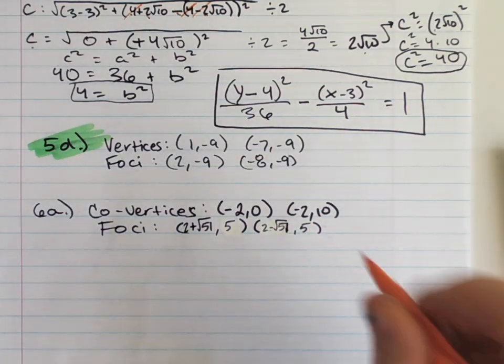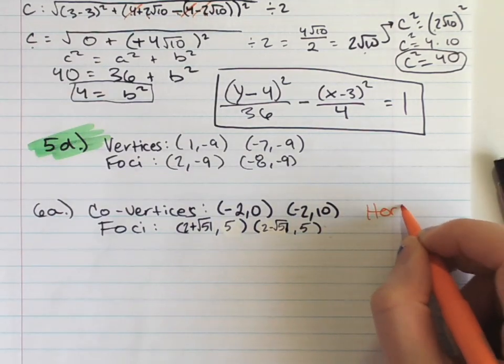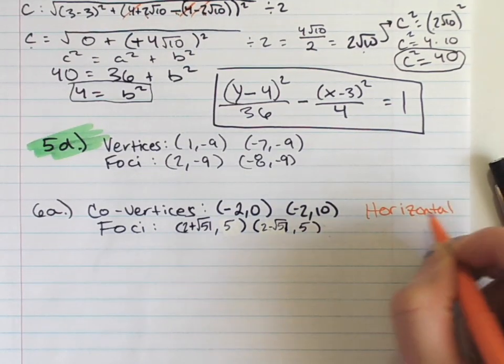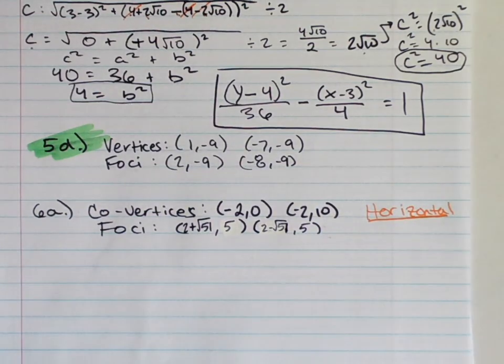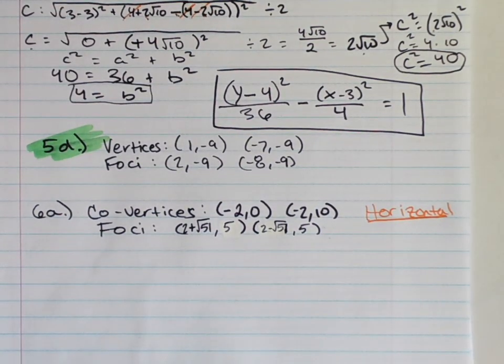So this one's going to have a horizontal hyperbola. And if you're not sure how I'm determining this, go back and study the pictures at the beginning of this video so you could determine how hyperbolas face.